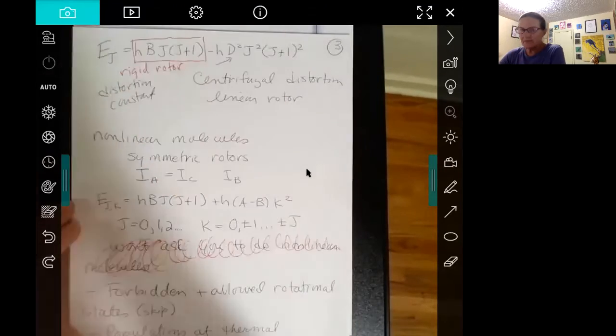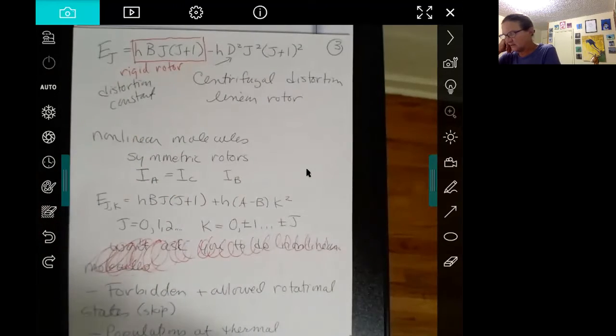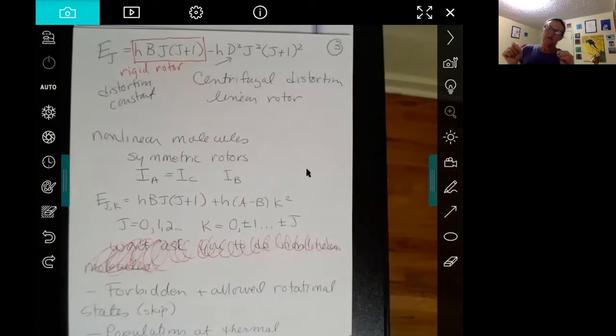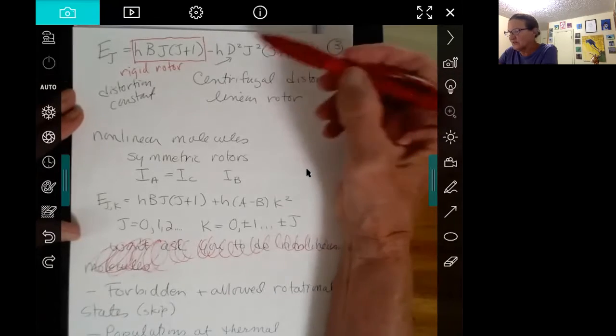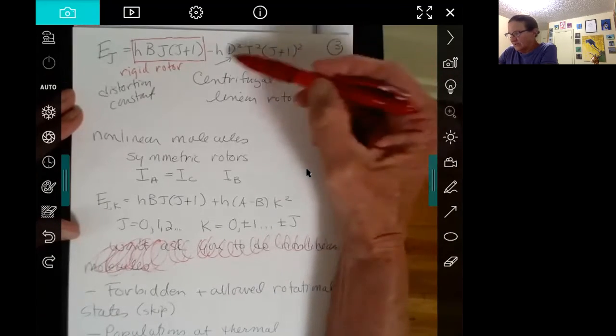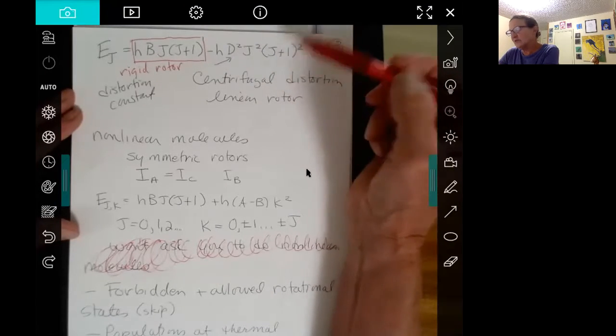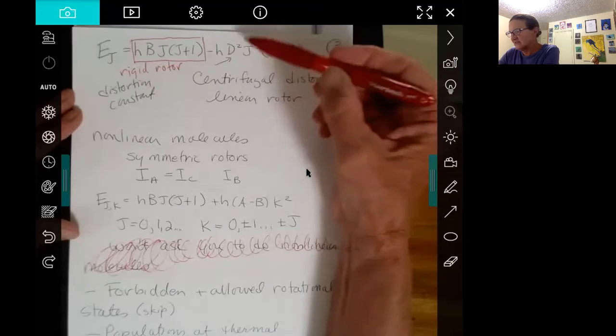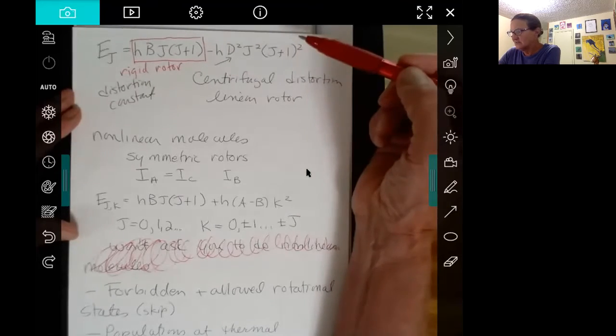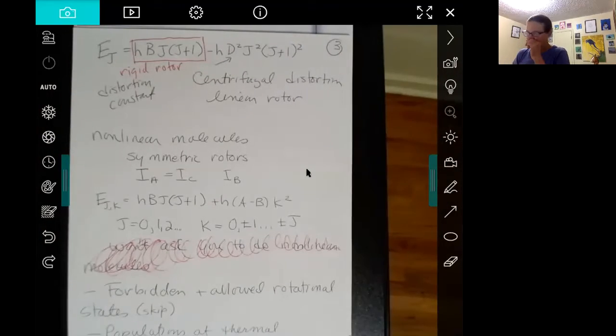We determined that by the quantum mechanics back in focus 8, but you can't solve the quantum mechanics exactly when you couple the vibration to the rotation. So we make a correction to it, and this is a pretty good functional form for that correction. So it's Planck's constant times, this is a centrifugal distortion term.